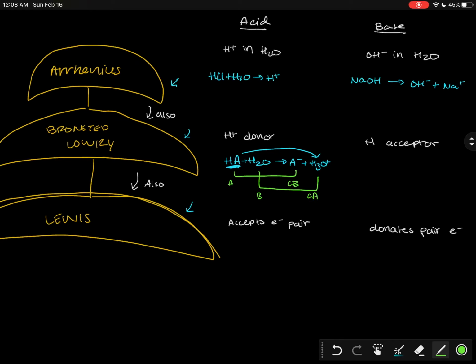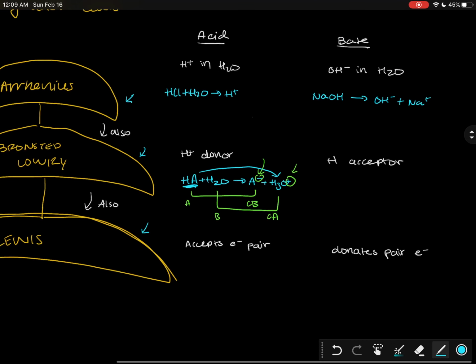And if you want to figure out what the conjugate acid is going to be, the conjugate acid is always gaining a charge. And we know there's still going to have to be a net charge of 0, right? Because we can't just get a charge from nowhere. So if this is gaining a charge, this has to lose a charge. So the conjugate base should always lose a charge. Okay. And then similarly, a Bronsted Lowry base is going to be a hydrogen acceptor.